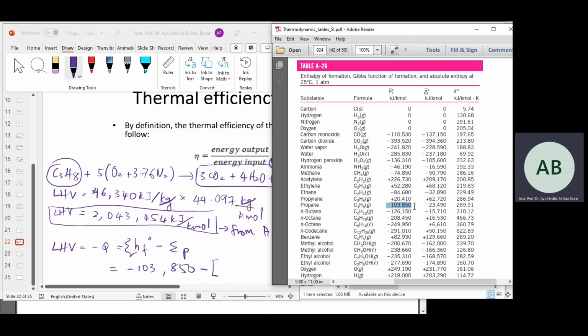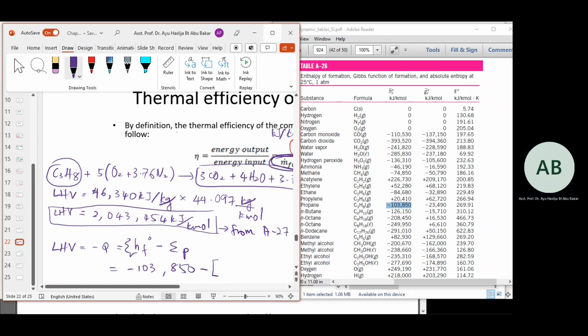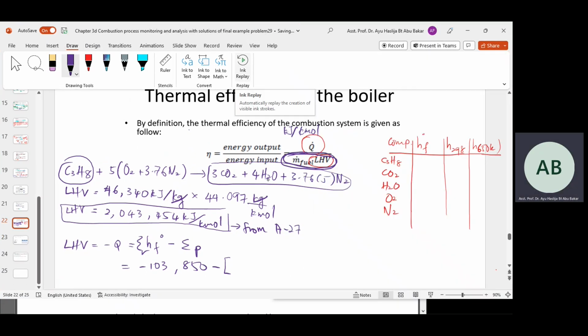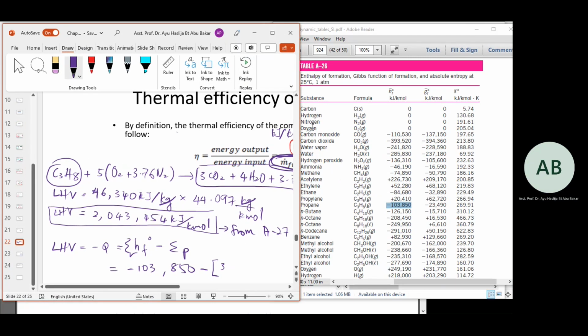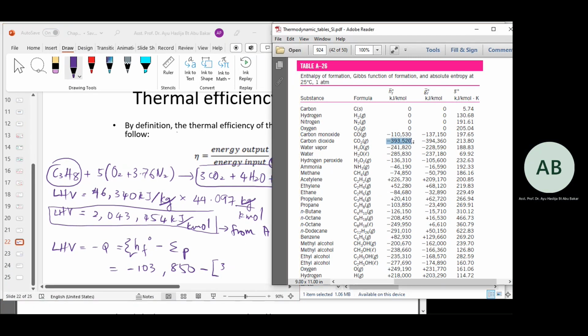Now from there, minus the product. The product over here is CO2, H2O, and N2. We have 3 moles of CO2. So find the HF of CO2, which is this one. Then the H2O in gas form, this one. N2 HF is 0, so we will ignore the N2 because the heat of formation is 0.